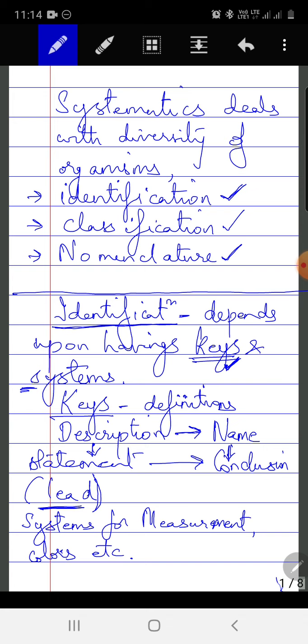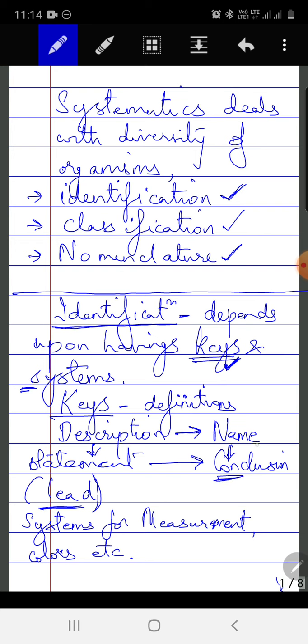But because you have systems, we already have systems, you use these words. You can say it is 2 centimeters long, it is 5 centimeters long, it is 3 meters long, or whatever, it is brown in color, it is blue in color, it is black in color, right? So basically because you have systems, you can identify. Now you have a pen in front of you, right? You call it a pen. The pen is the conclusion, right?